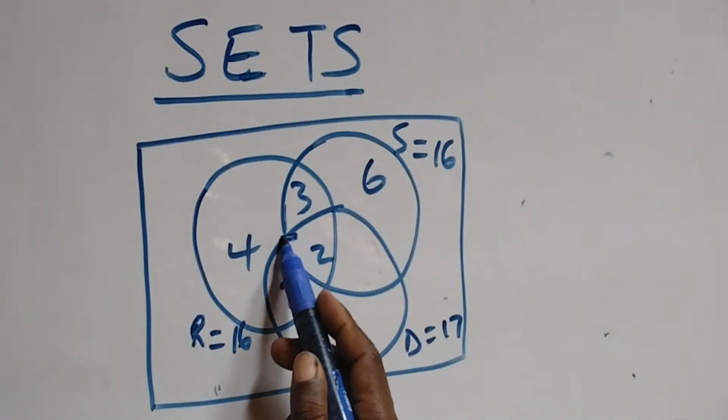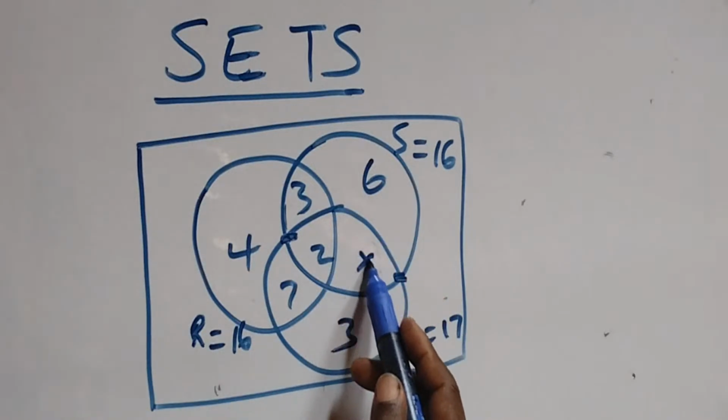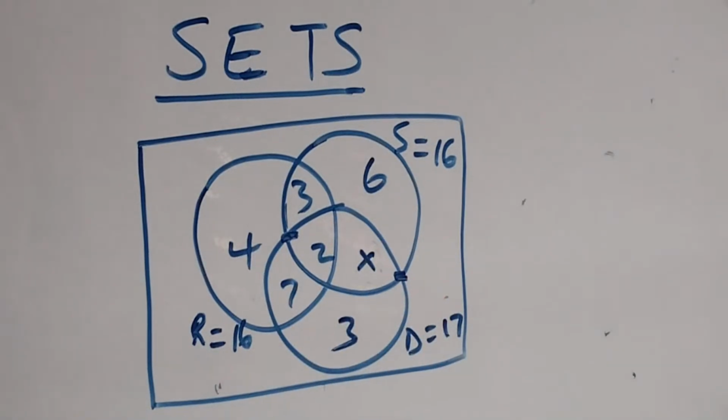So dancing and swimming intersects in this region. Once we get this place, just add it to 2. That is dancing and swimming.